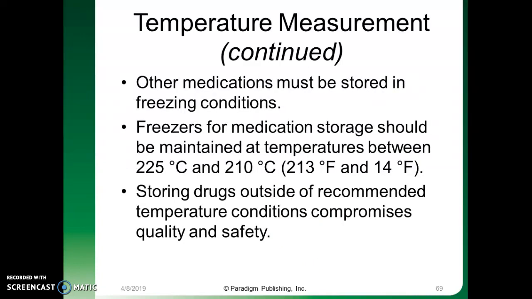Other medication must be stored in freezing conditions, so freezers for medication storage should be maintained at temperatures between -25 degrees Celsius and -10 degrees Celsius, or -13 degrees Fahrenheit up to 14 degrees Fahrenheit. Storing drugs outside of recommended temperature conditions compromises the quality and the safety of the drug.